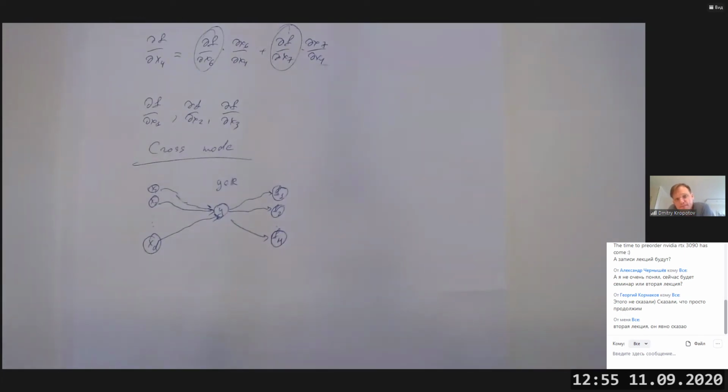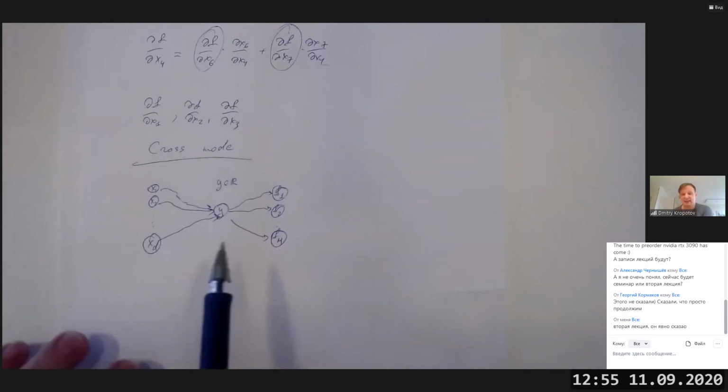I think the best will be to have the forward mode in the part from y to functions f1 to fm, and backward in the part from x to y, or y to x. Yes.